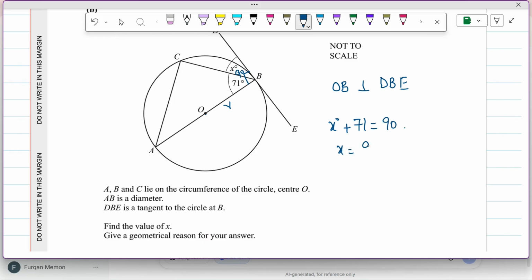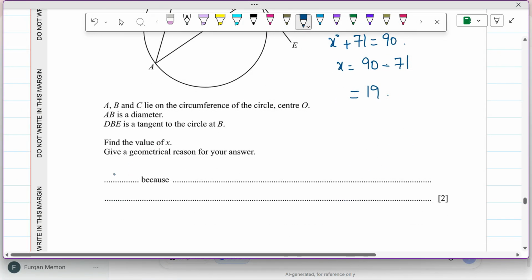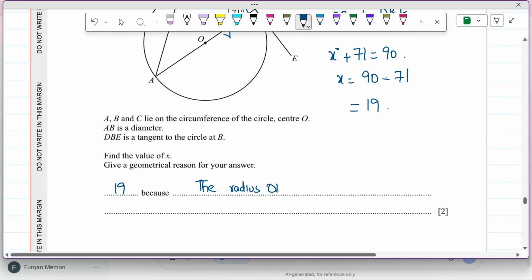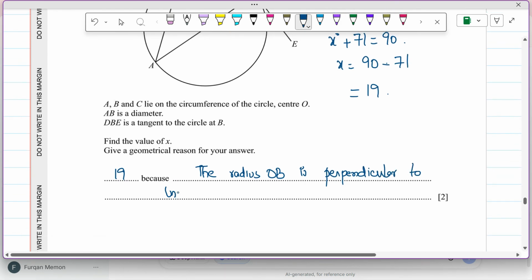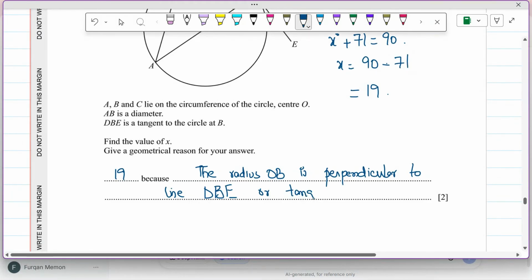So x is equal to 90, and when we move 71 to the right side, it becomes negative 71. So this is equal to 19. We can say that x is equal to 19 because the radius OB is perpendicular to the line DBE, or tangent at B.